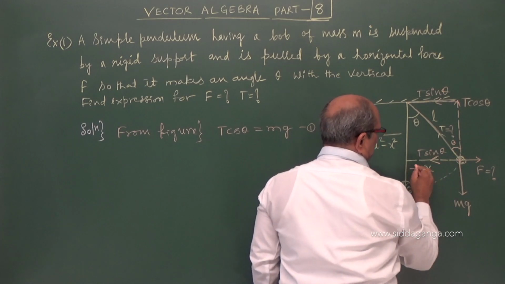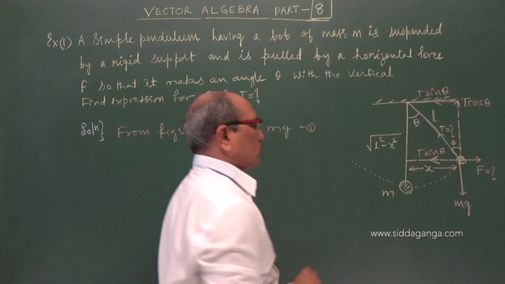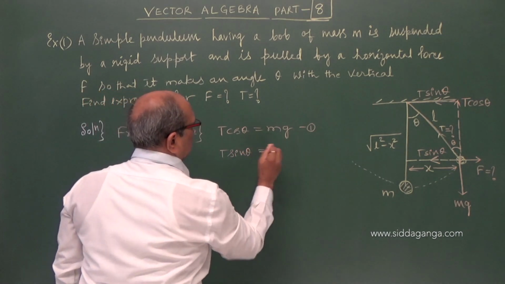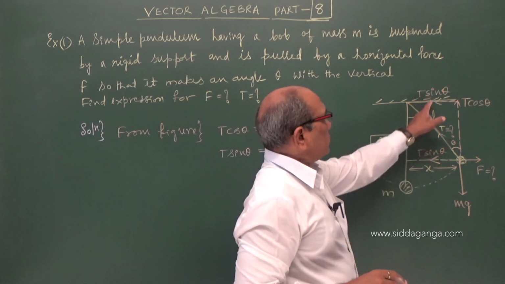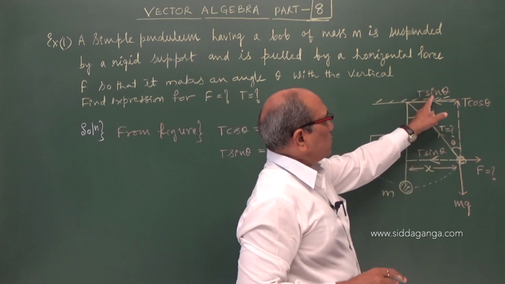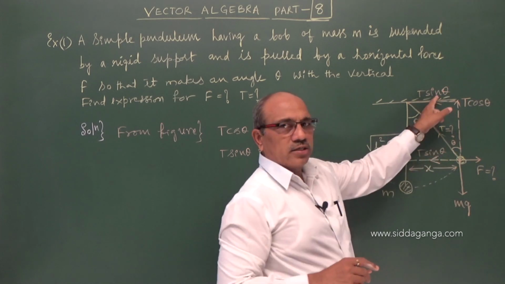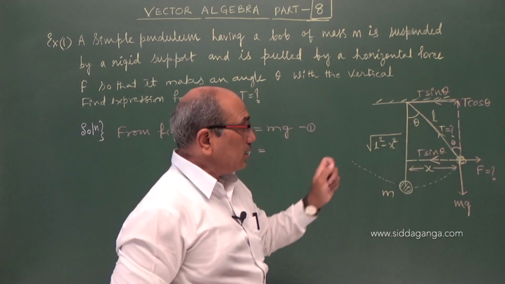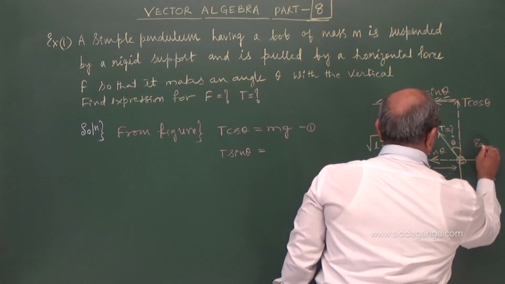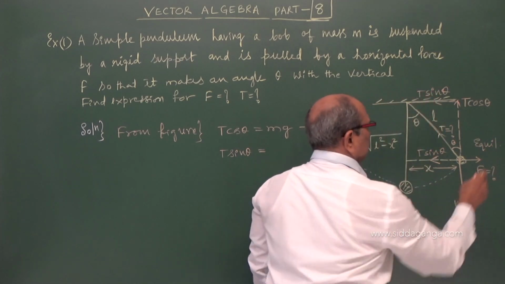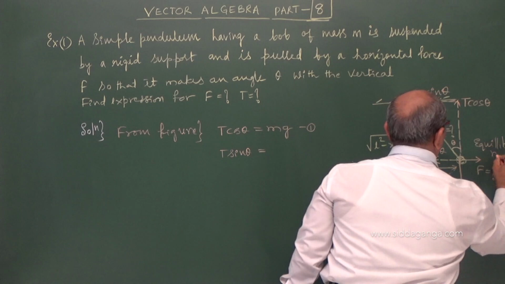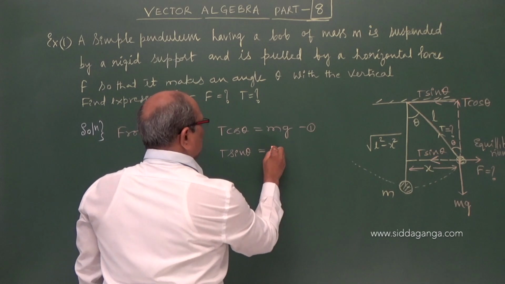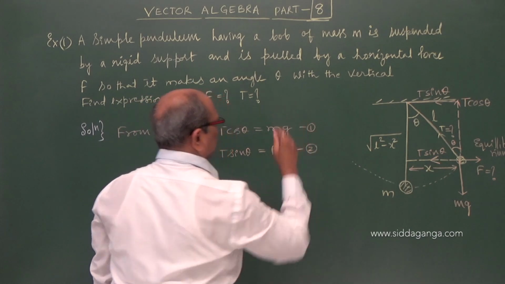The swing horizontal, I can write as x. Again, T sin theta is opposite side by hypotenuse, so opposite side is hypotenuse into sin theta. So we got T sin theta. T sin theta should balance F, since it is in equilibrium. T sin theta must be equal to F is the second.